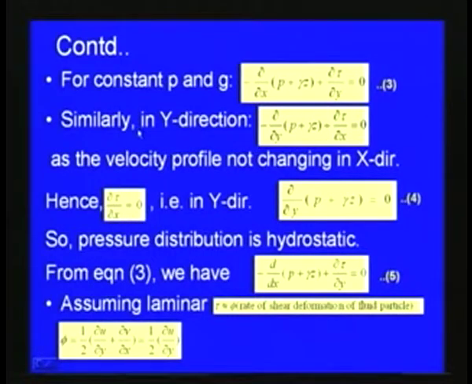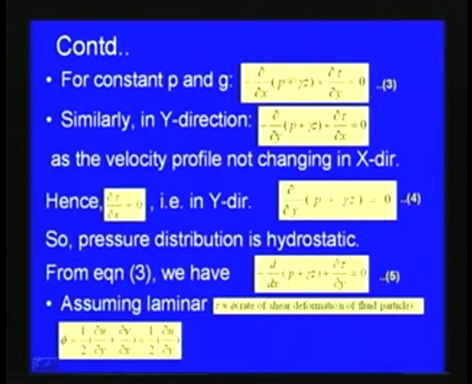Here the velocity profile is not changing in the x direction, as we have seen. Hence del tau by del x is equal to 0, that means as far as the y direction is concerned, this equation becomes del by del y of p plus gamma z is equal to 0. So, from this equation number 4, we get that the pressure distribution is hydrostatic.